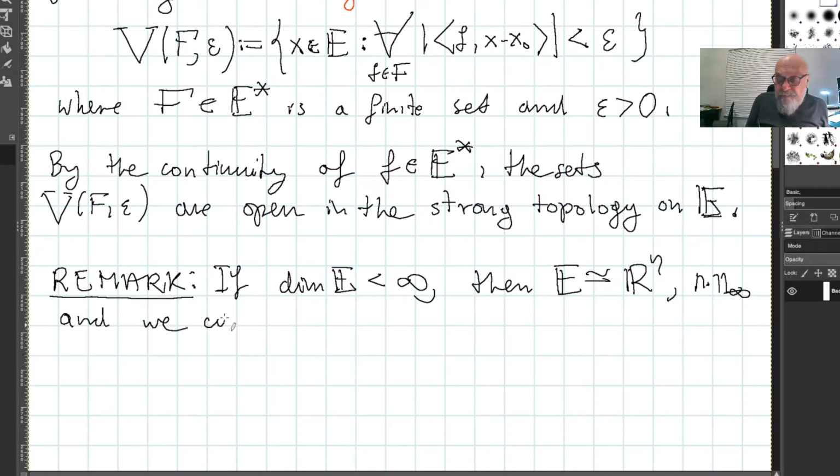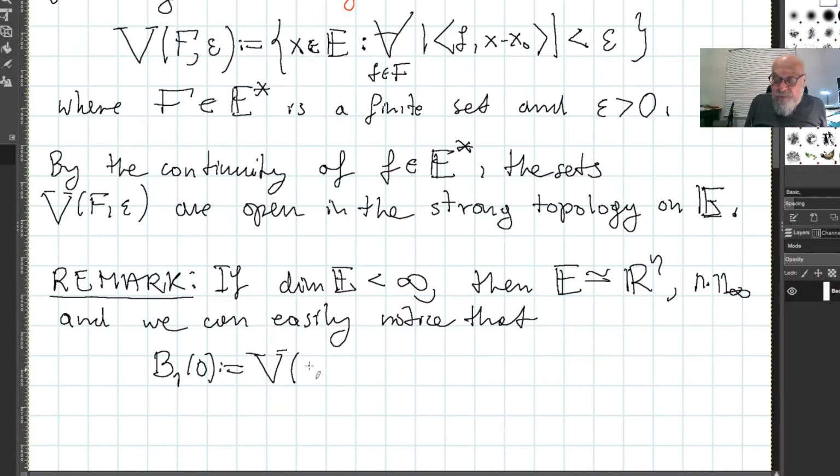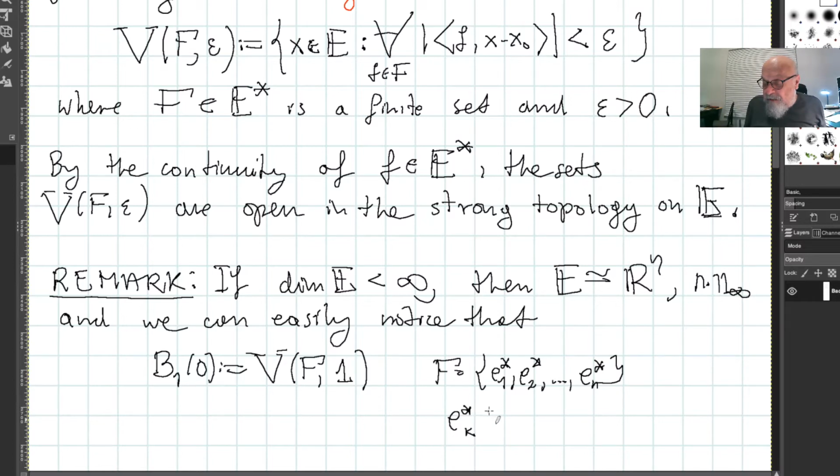And we can easily notice that the open ball above 0 in Rn is nothing else than the neighborhood of f, with epsilon equal to 1, where f is equal to E1 star, E2 star, up to En star, where Ek star on Ej is the Kronecker delta.